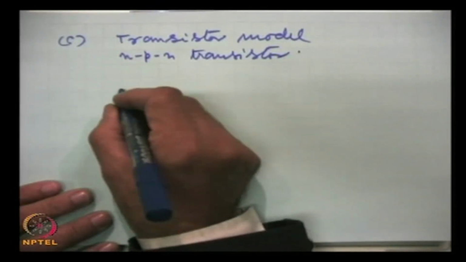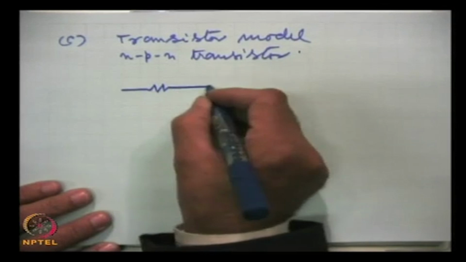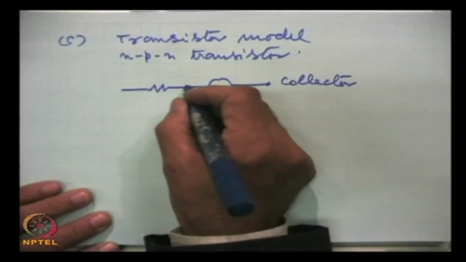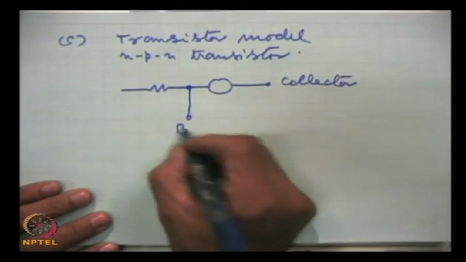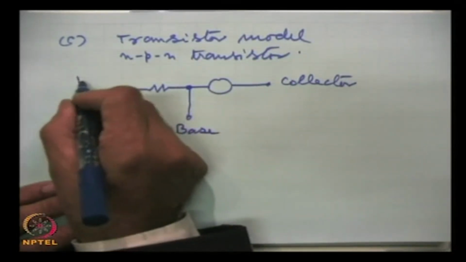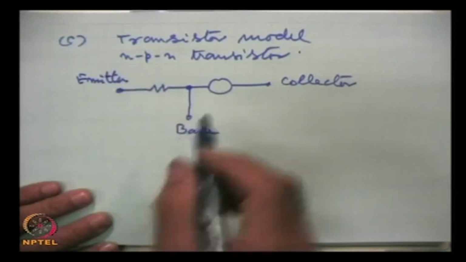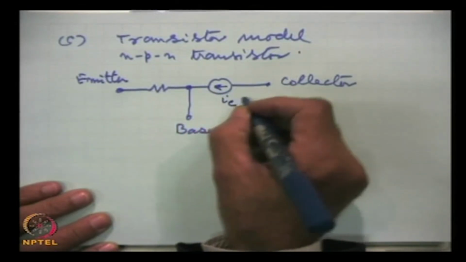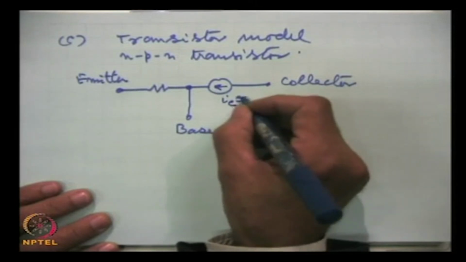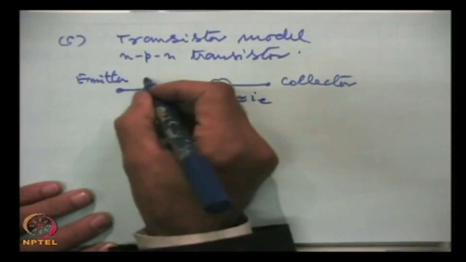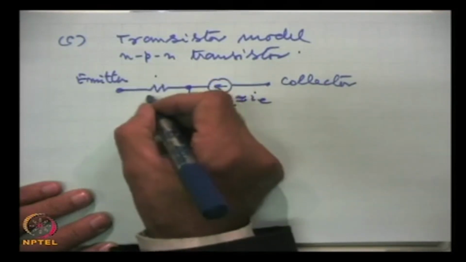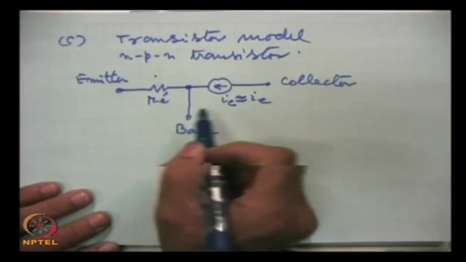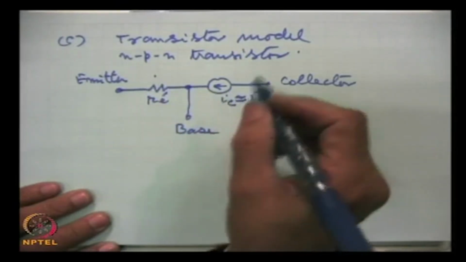So, here this is collector, this is base, and this is emitter, and this is the current source which is I C and this is very close to I E, and this resistance is the R E prime, the emitter dynamic resistance which we were just talking about, and this will be the direction of current.